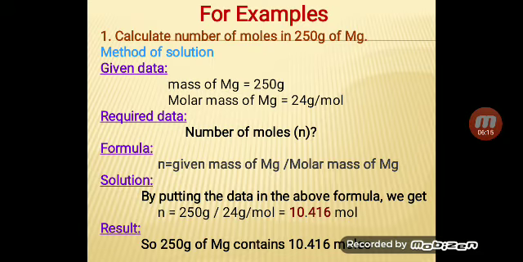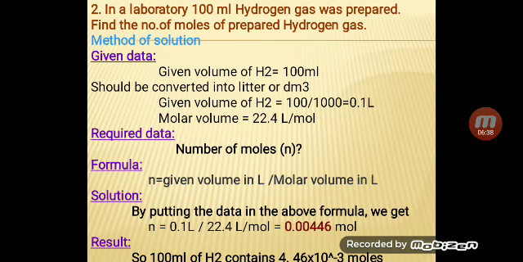Required data is number of mole. Formula used for this problem is number of mole is equal to given mass of magnesium divided by molar mass of magnesium. By putting the given data in the above formula, we will find 10.416 mole. So 250 gram of magnesium contains 10.416 mole.